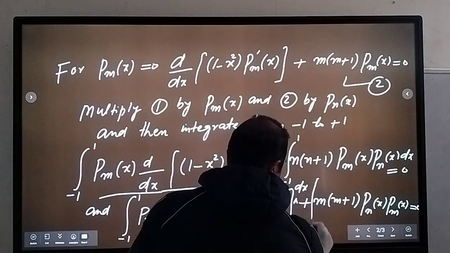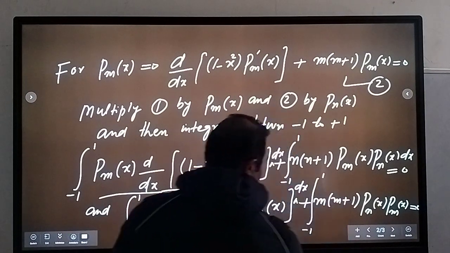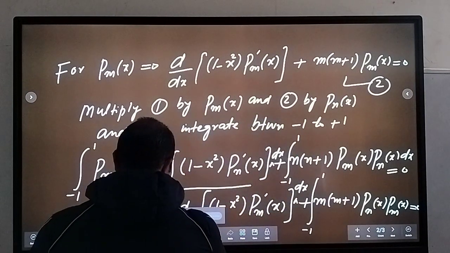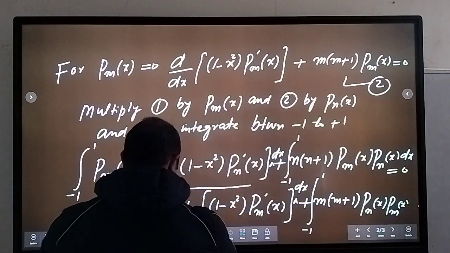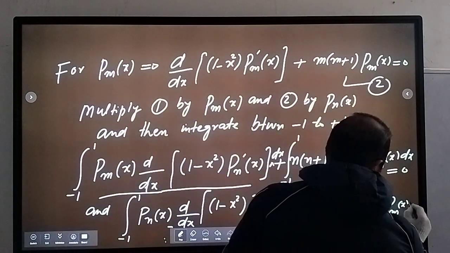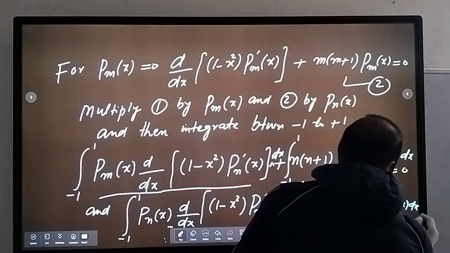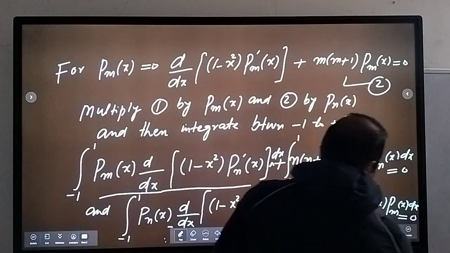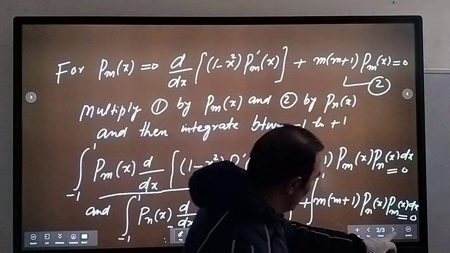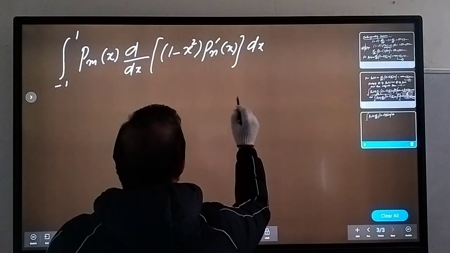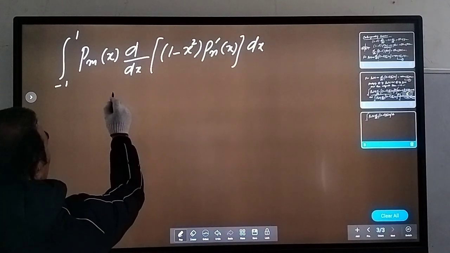And similarly for this one, it will be -1 to +1, right? Okay. Now we need to evaluate this first term. So first term will be equal to this one. Okay, so this will be equal to.